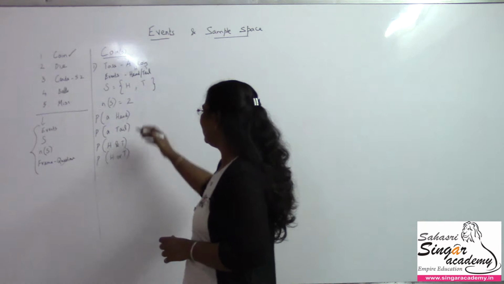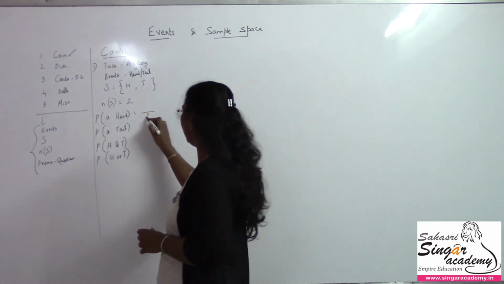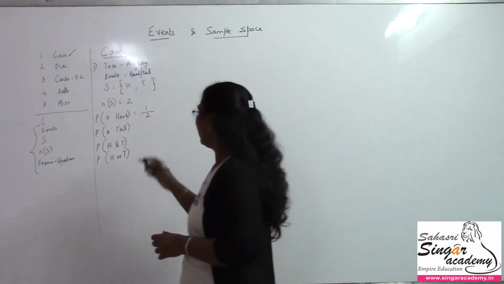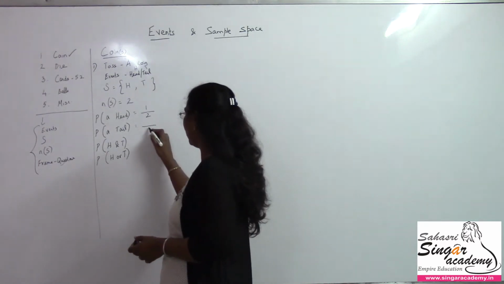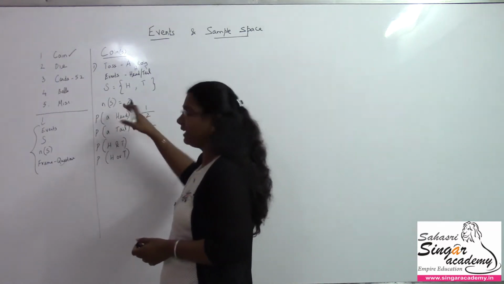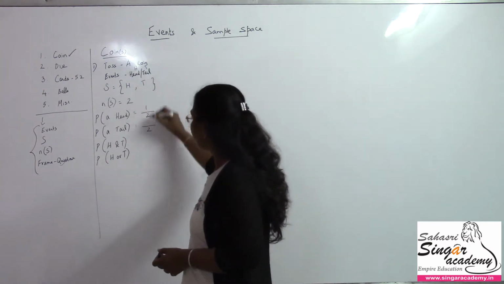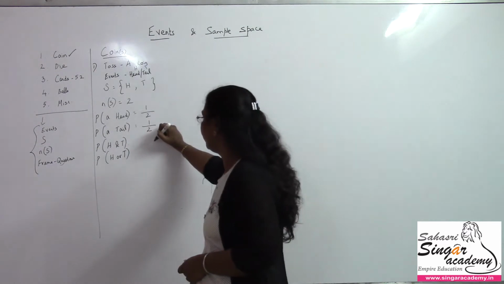Probability of getting a head is very simple. Totally there are two events, one is favorable to me, it's direct. Probability of getting a tail is again a direct one. Totally there are two events, 1 and 2. This is N of S. And in the numerator only one tail is present in my set, so 1 by 2.